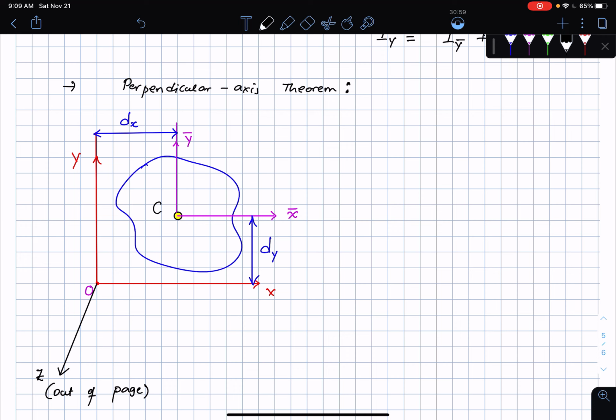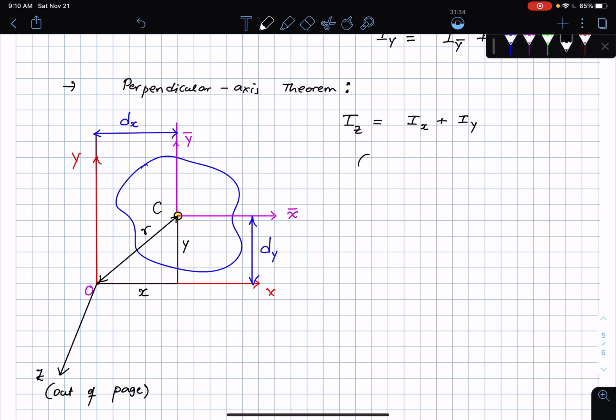We have the perpendicular axis theorem, which says that the moment of inertia about the z-axis is going to be the moment of inertia about the x-axis and the y-axis. If I look at this distance here, let's call it r, and let's say this location is some x and some y.